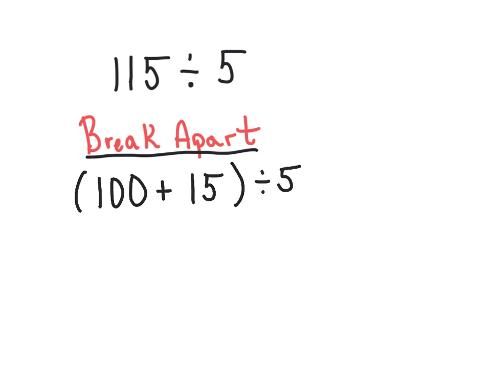All right, so now we can divide by 5. 5 goes into 100, 10 tens, 20 times, 2 tens, plus 5 goes into 15 ones 3 times. 20 plus 3 is 23.